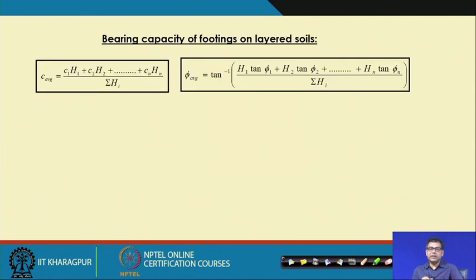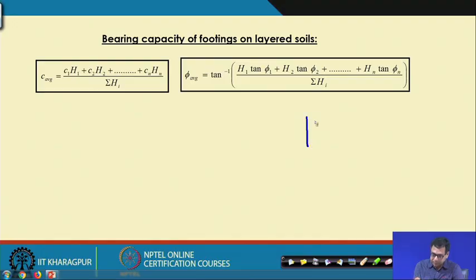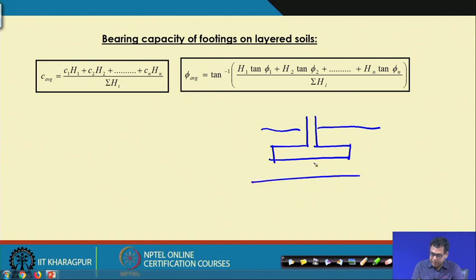Then the next is, if it is layered soil. Now we have discussed the case where the soil is homogeneous. What will happen if we have layered soil? When you are talking about layered soil, this is the foundation, and below there is one layer, this is the second layer, and this is the third layer, and these all are within the influence zone.